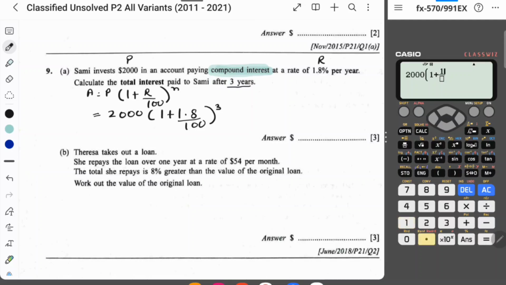So that is 1.8 and come down upon 100 and then close the bracket, to the power. You can have the power 5, 10, whatever. Just press this button, to the power. The cube button is also there, but I'm telling you how. To the power of 3. 3 is the number of years. Equals, we are getting 2109.96.